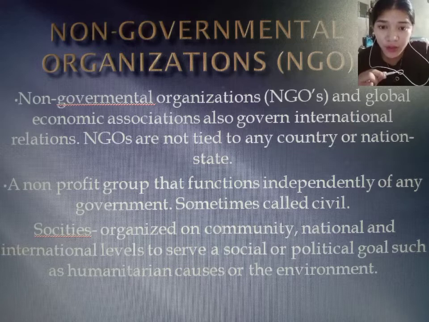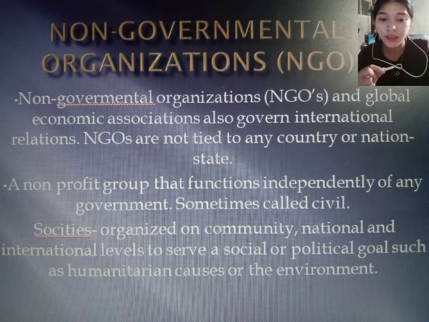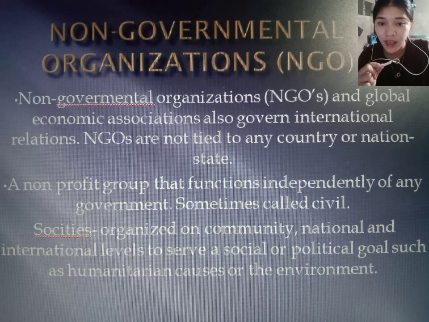First I will define to you what international relations is. International relations is a field of study of the factors and processes that affect the interactions among state and non-state actors across national boundaries. And we should always remember that NGOs are not tied to any country or nation state, because NGOs are an independent type of organization.